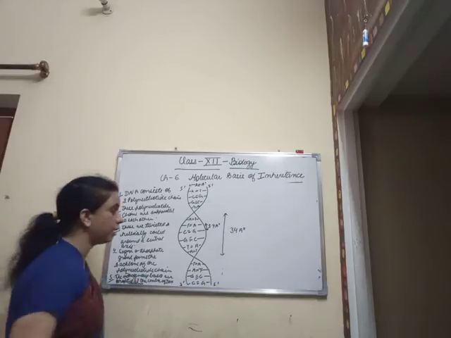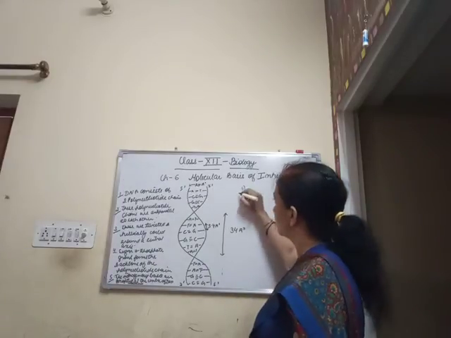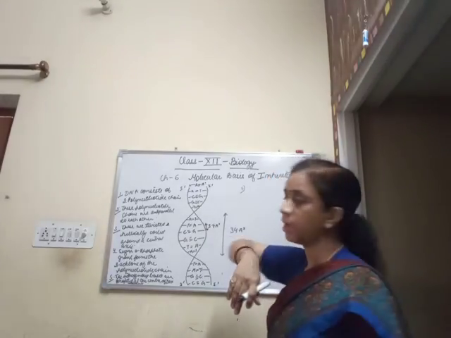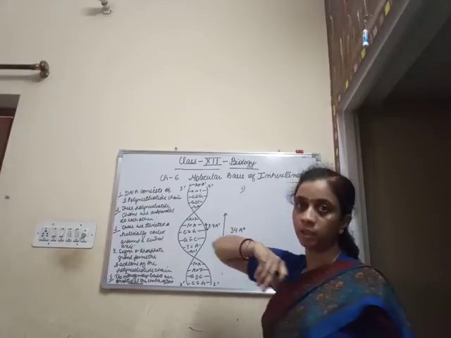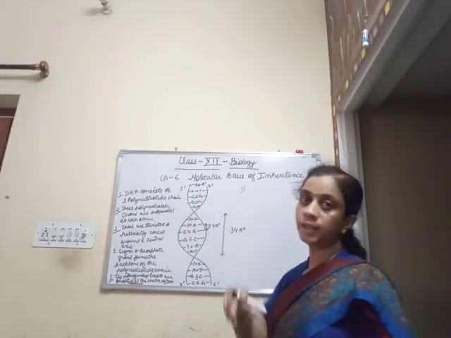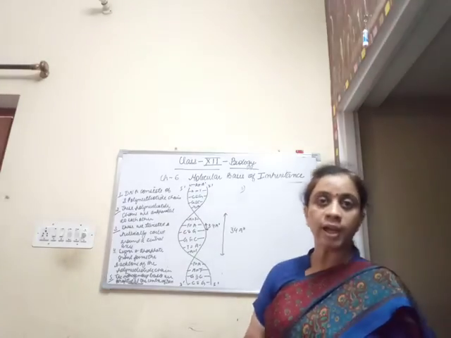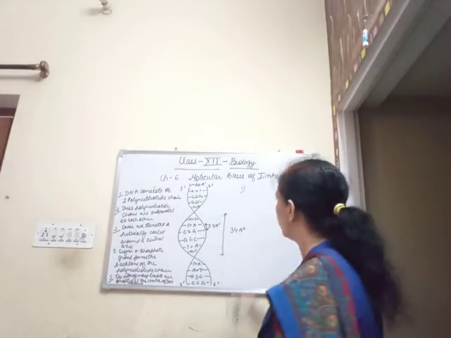Now, as I have said, the nitrogenous bases are projected at the center of the DNA molecule. These nitrogenous bases form specific base pairs. That is, adenine gets linked to thymine, and guanine gets linked to cytosine. That is, one purine gets linked to a pyrimidine, and vice versa.